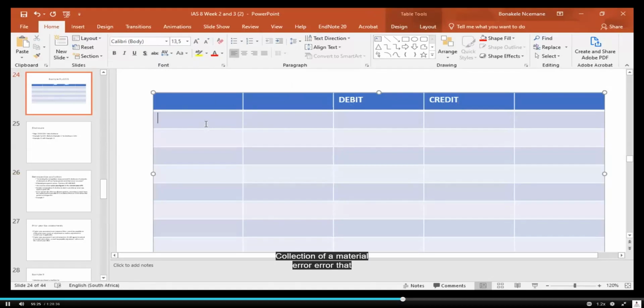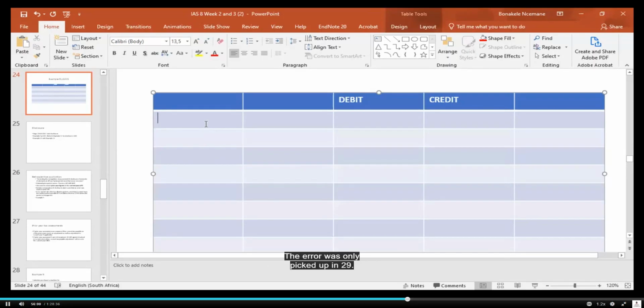Example 9, correction of a material error that occurred in a prior period. Valentino Limited purchased a specialized machine on the 1/1/20X7 for $1 million. Valentino Limited provides for depreciation on the diminishing balance method at 20%. The following relates to an error made by Valentino Limited. It processed depreciation of 200,000 in both 20X7 and 20X8 and 120,000 in 20X9.